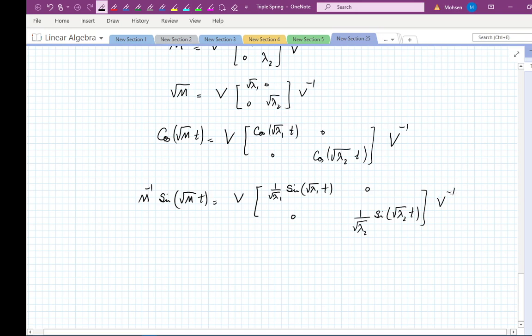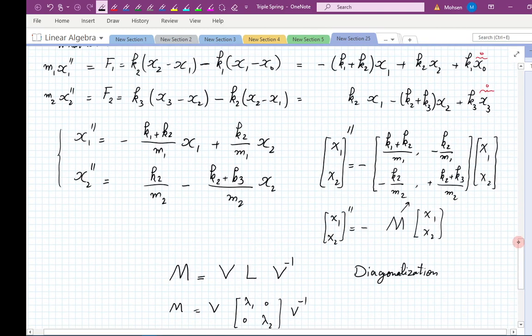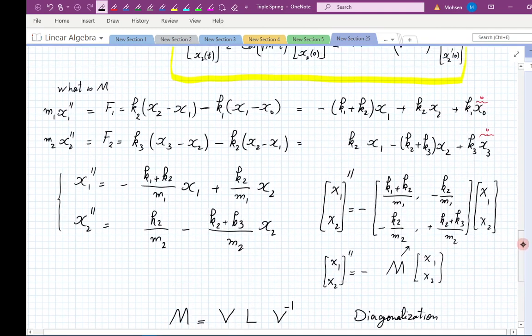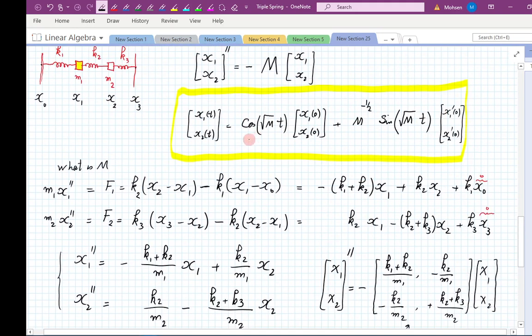So the two critical pieces are these. Where do they come from? How do we calculate it? From the diagonalization formula we had last lecture.